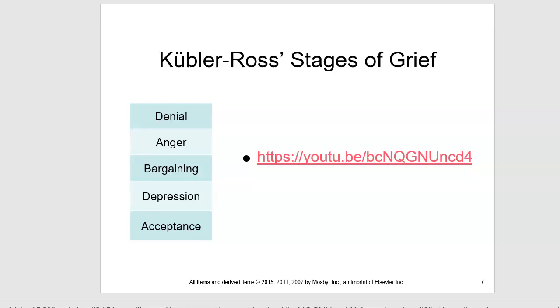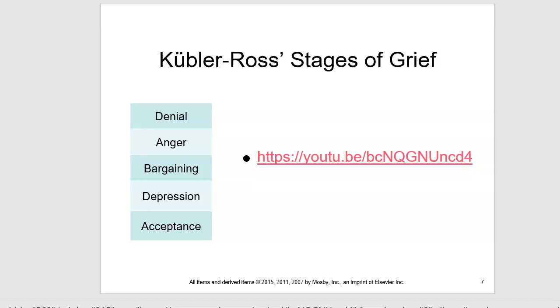And one thing about these stages, and this goes for the other theorists as well, is that people don't go through these stages in linear order and get to the end and be done. Sometimes they can skip a stage, sometimes they can slide back and forth between them, and there's no prescribed time to get through any of the stages. It all depends on the person.